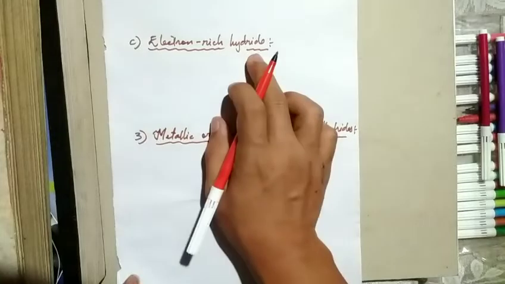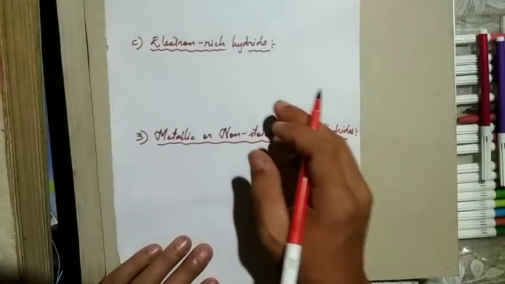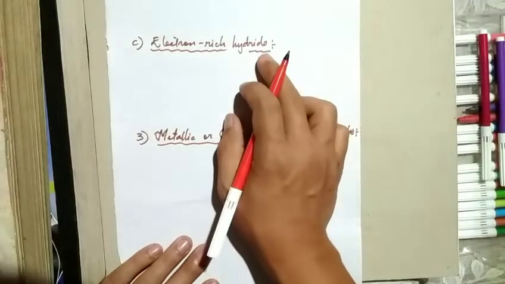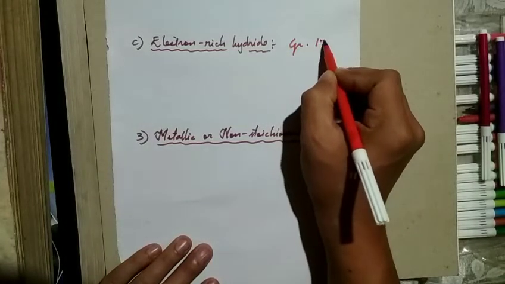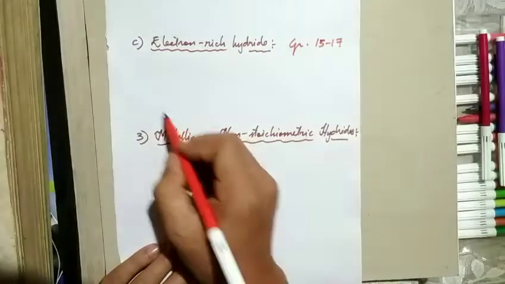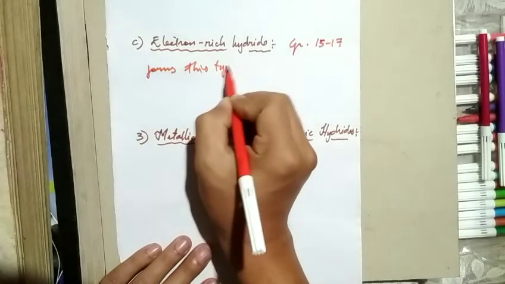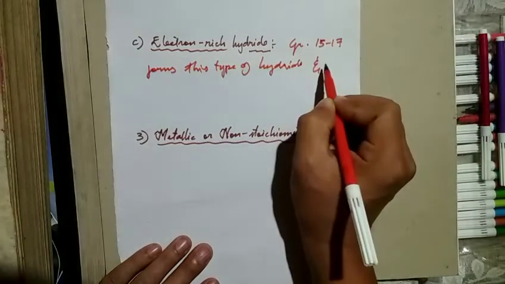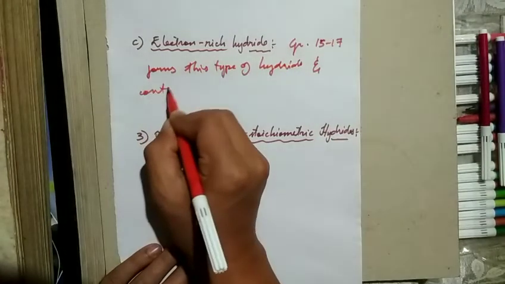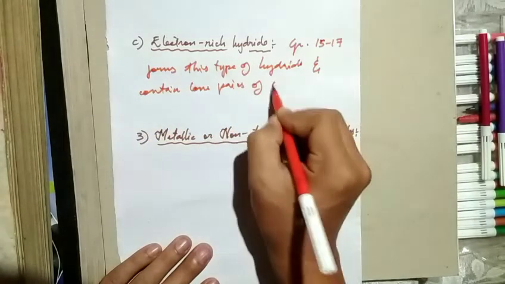Next one is electron rich hydrides. Electron rich means they have excess of electrons. Group 15 to 17 form this type of hydride and contain lone pairs of electrons.